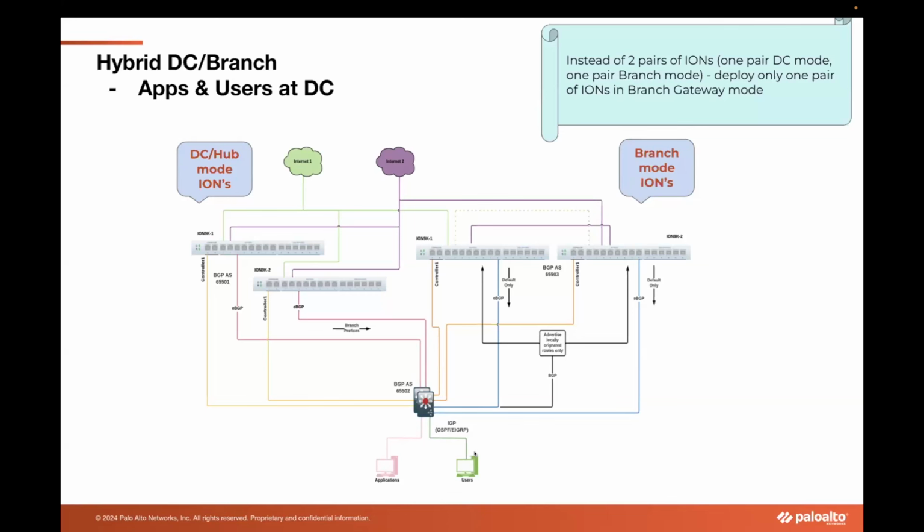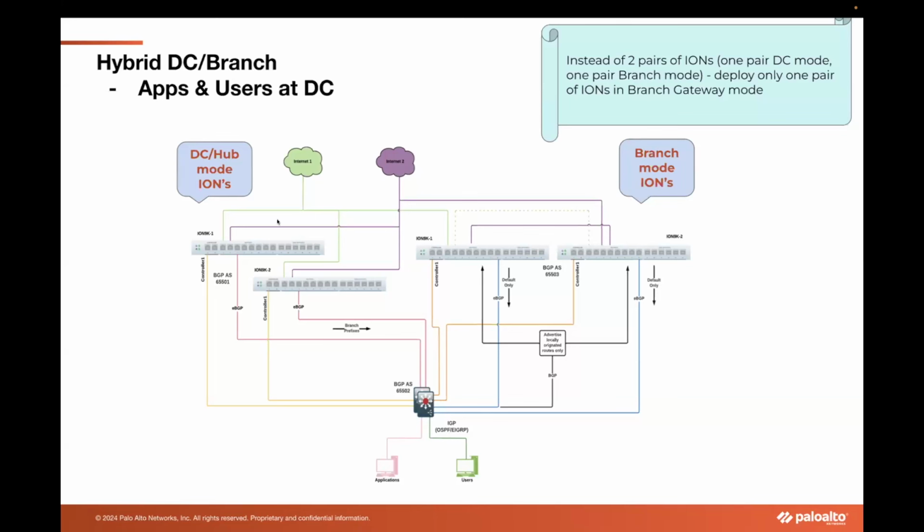Now, for the users sitting inside the data center to go out to the internet or to other locations, we need SD-WAN functionality, we need NAT and firewall functionality. So in that case, we deploy a second pair of IONs so that the user traffic will be sent to the branch mode IONs and get all the policy, firewall and NAT functionality and go out to wherever it needs to go. So that's how we had it if you're deploying with the DC mode.